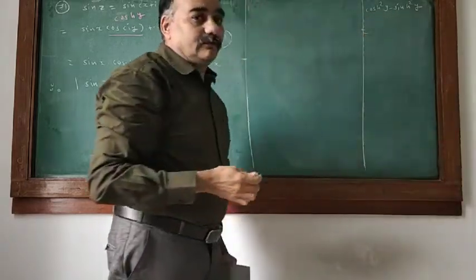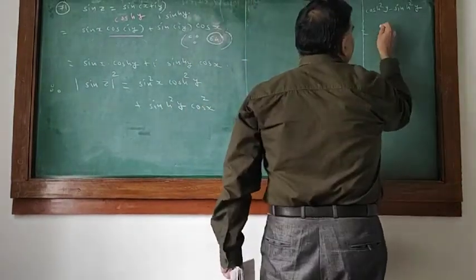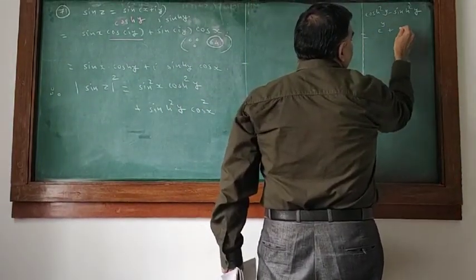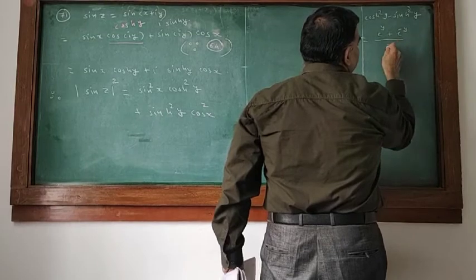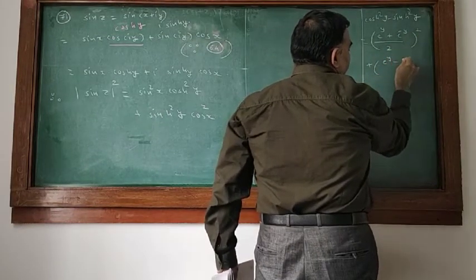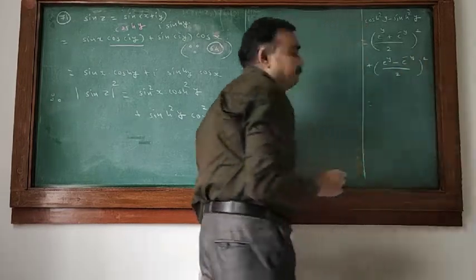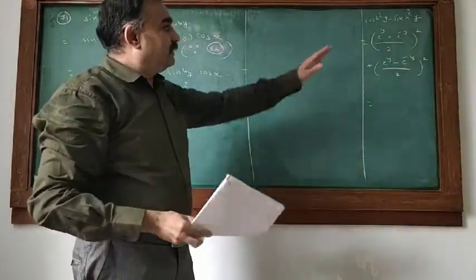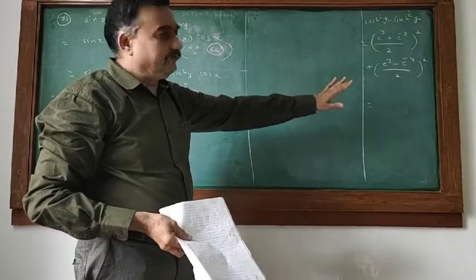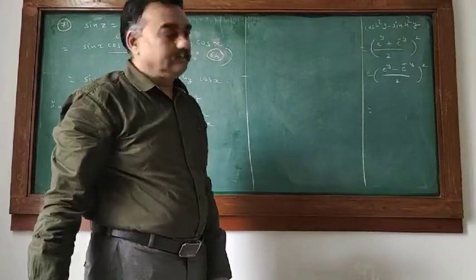Cosh square y minus sinh square y, what will it be? It is e raised to y plus e raised to minus y divided by 2, squared, minus e raised to y minus e raised to minus y divided by 2, squared.